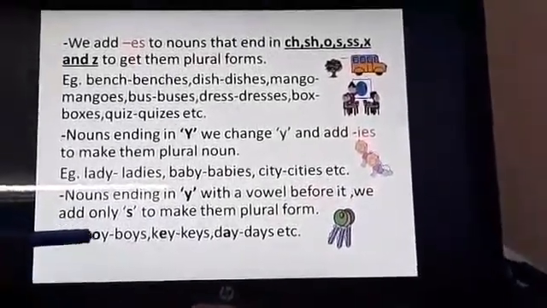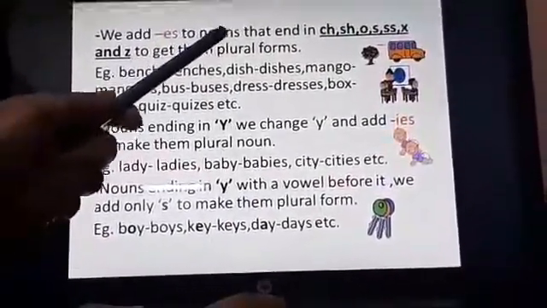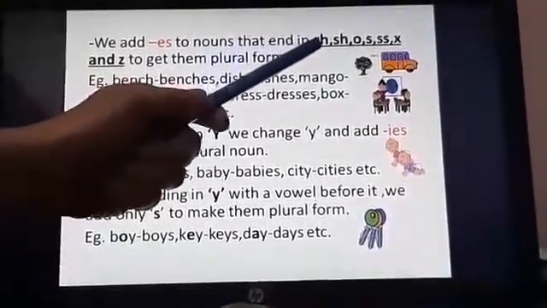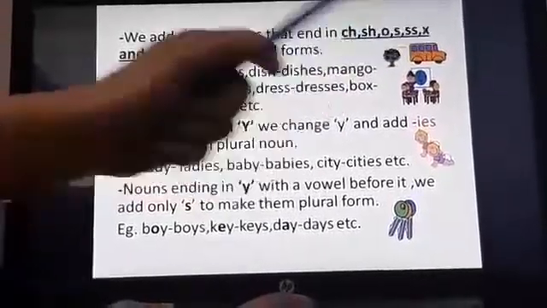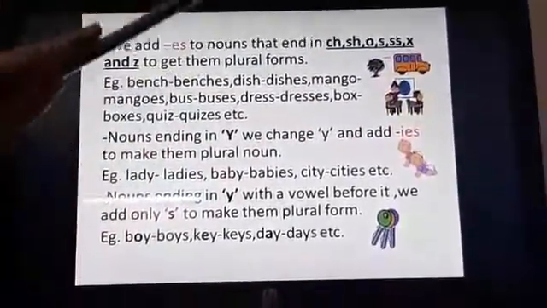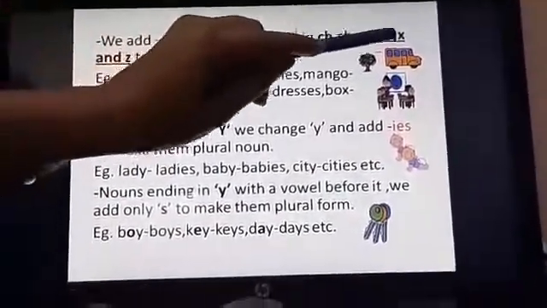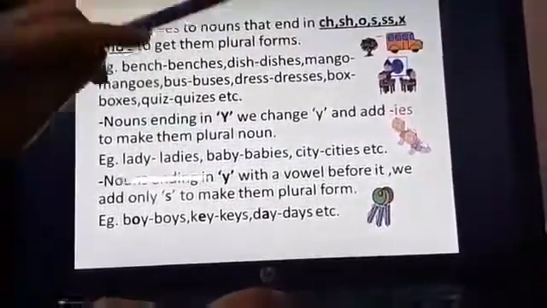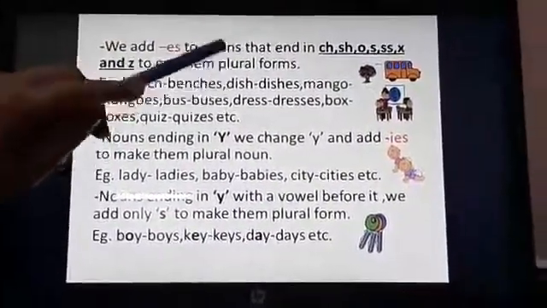Let's see the rules. We add es to the nouns that end in ch, sh, o, s, ss, x and z to make them plural. Means what? The noun which ends with these letters, we need to add es to make them plural.